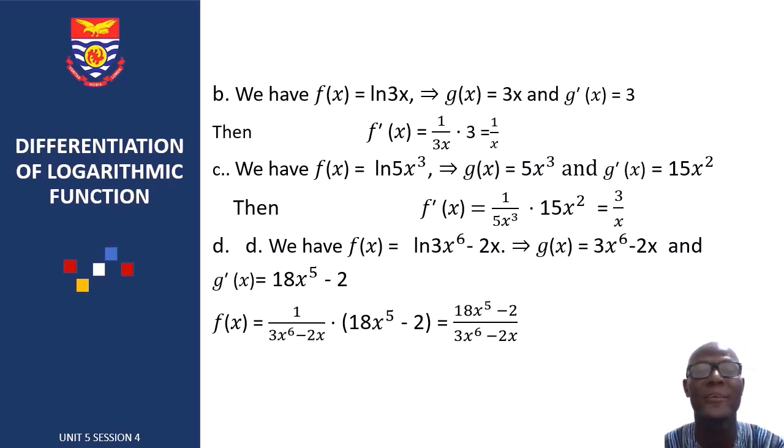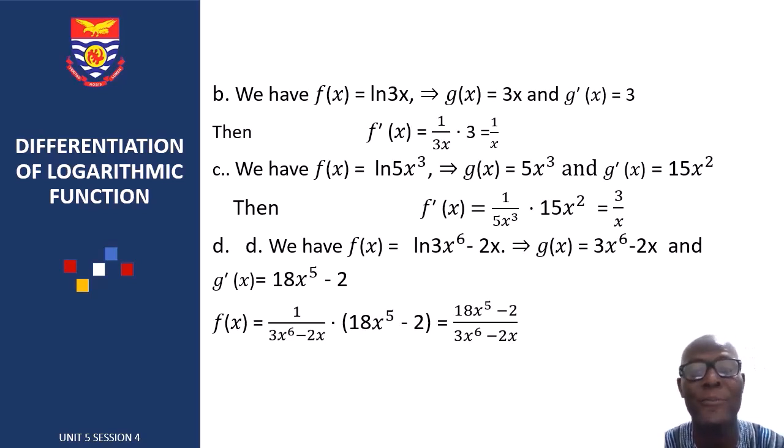B, we have f of x equals ln 3x. And by definition, we let g of x be 3x. So the derivative of g of x is equal to 3.